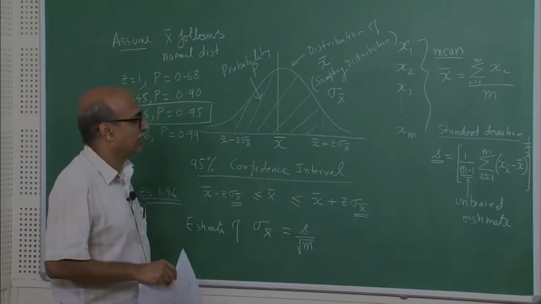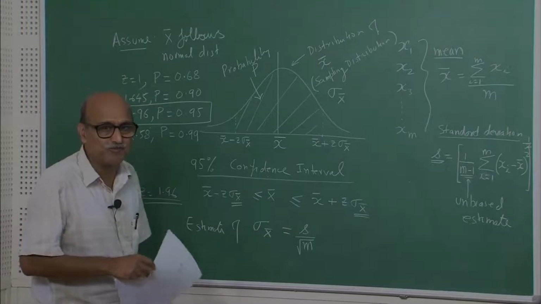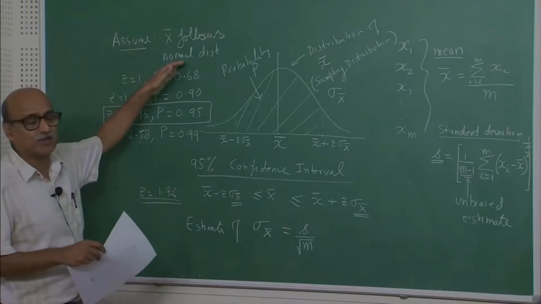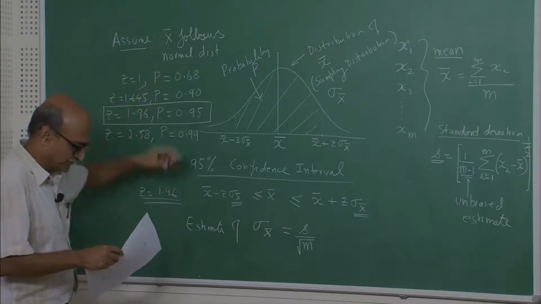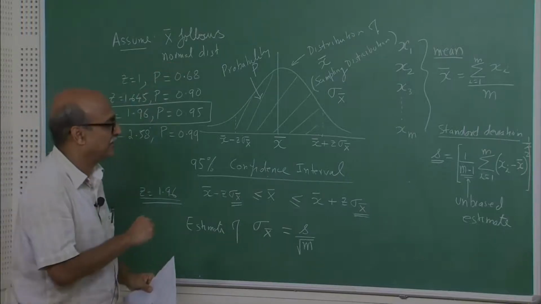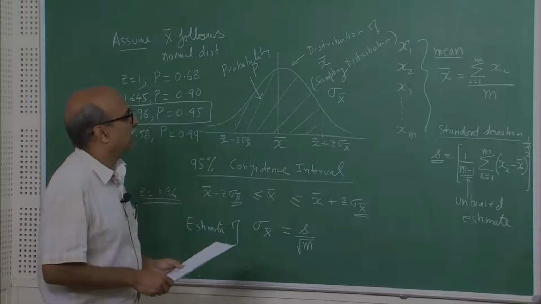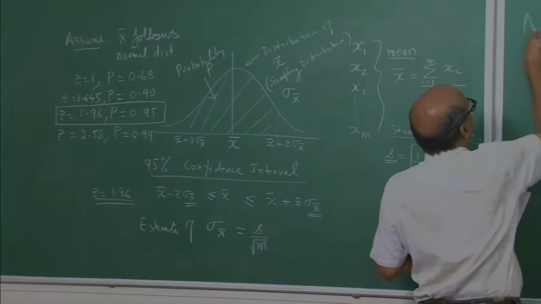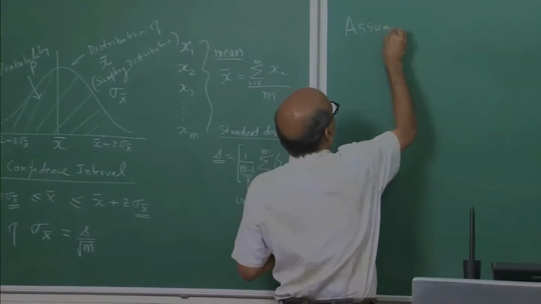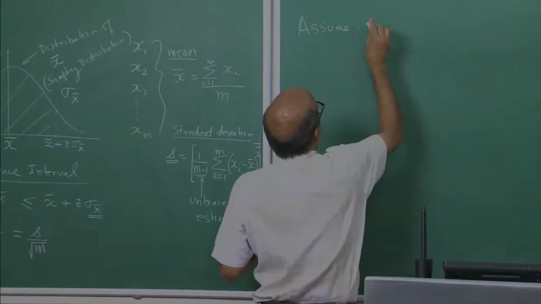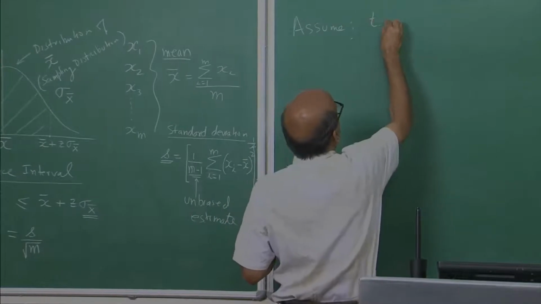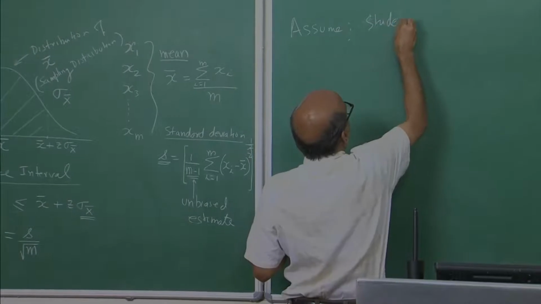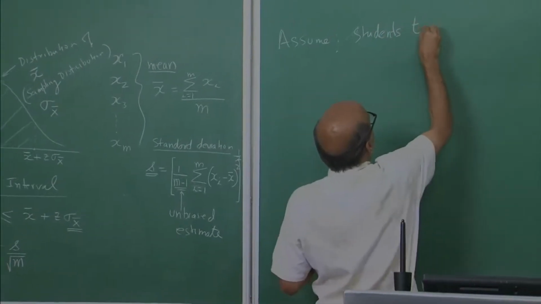But many times my measurements may not be very large, and hence the assumption of a normal distribution may not be valid. In that case, we can make an alternate assumption that the sampling distribution follows what is called the student's t distribution.